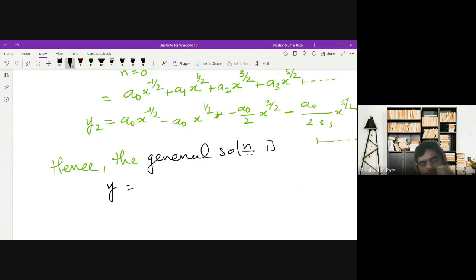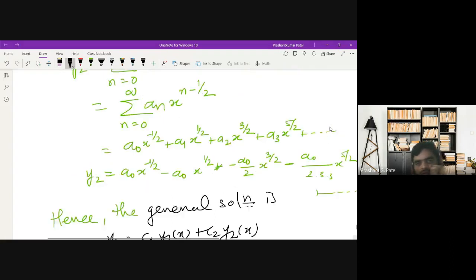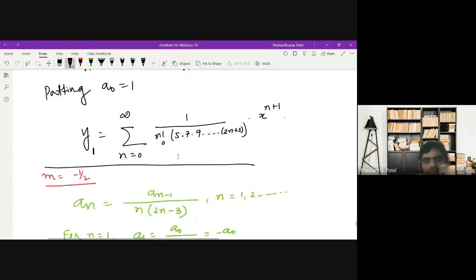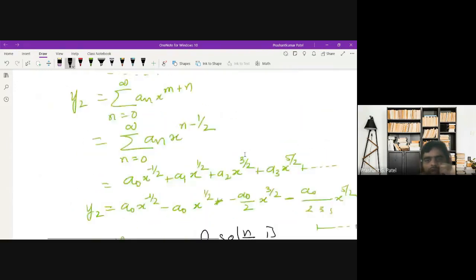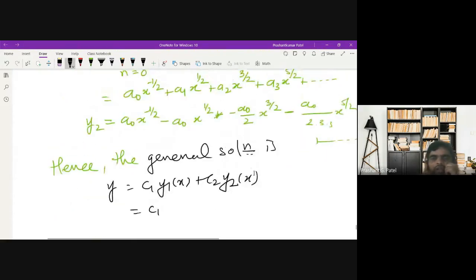The general solution is y equal to c1 y1(x) plus c2 y2(x). See, y1 we already calculated here, and y2 we already have calculated, that is here. We substitute both these values here.